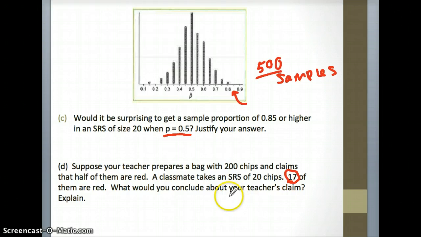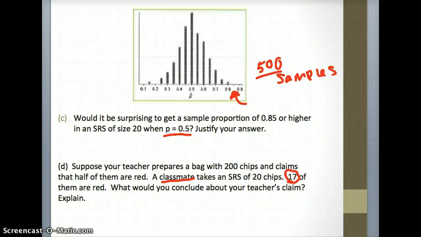As noted in part C, it is very unlikely that this would actually happen, because a sample proportion that high has never come up in 500 samples. So it's unlikely that the classmate would have chosen 17 out of 20 of them being red.